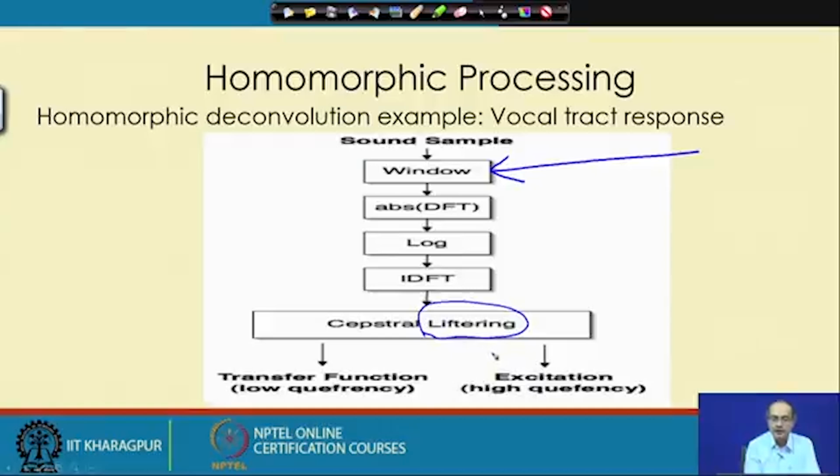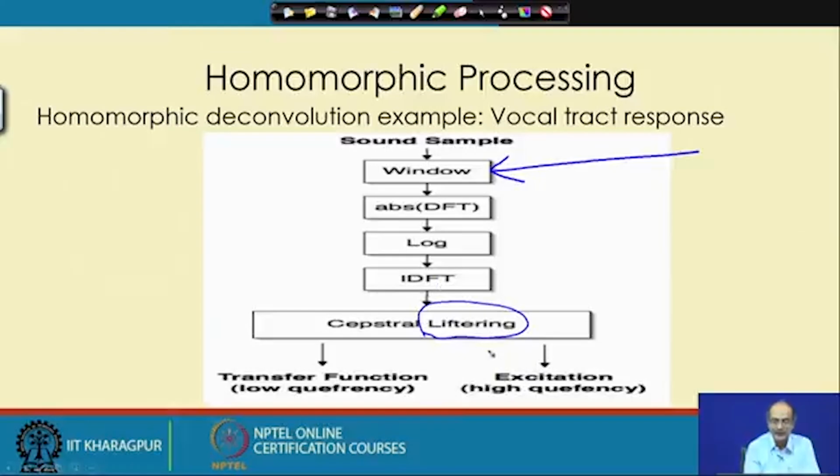The reason is that the original signal was real. So, the complex spectrum would also be real, and because it is real, we do not bother about the phase or the phase unwrapping. We are not interested in that.